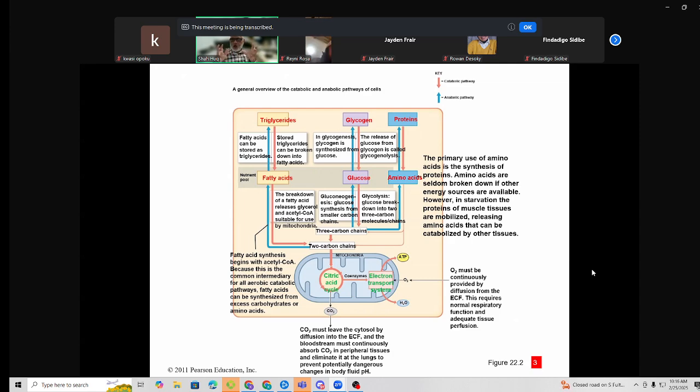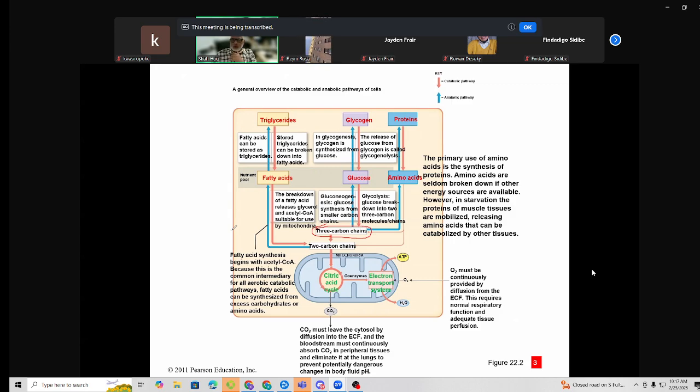And they all ultimately have to make this compound, which is a 3-carbon compound, and then it will turn into 2-carbon and then enter the citric acid cycle and then the electron transfer system. So this is like a synopsis.